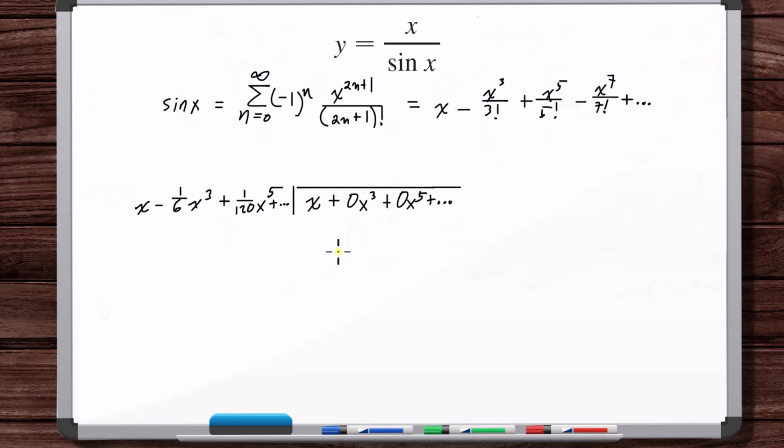So, okay, how does it work? Actually, we're going to need 0x squared plus 0x cubed plus 0x to the 4th.